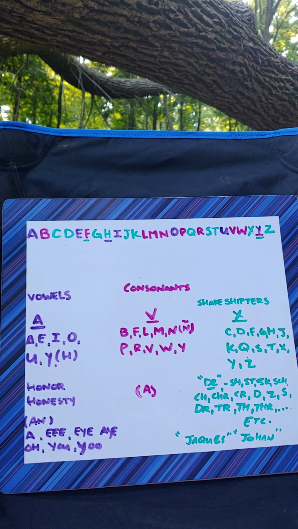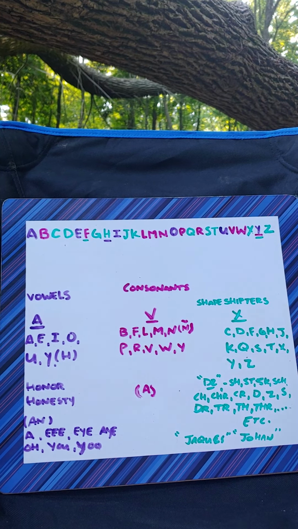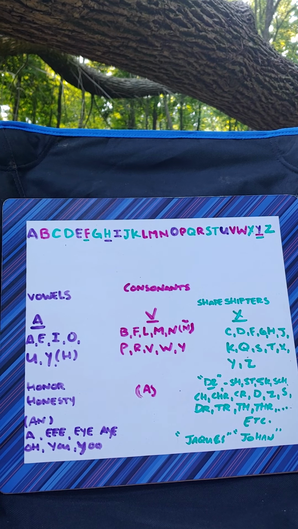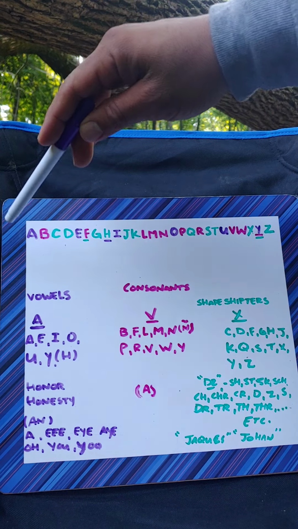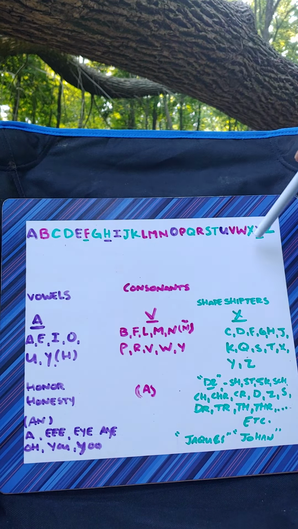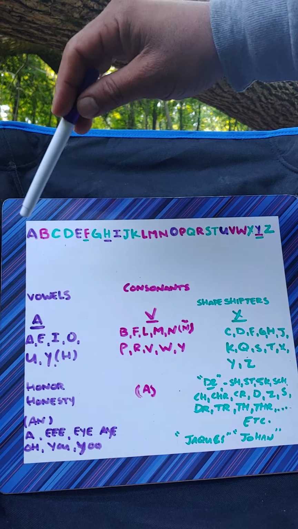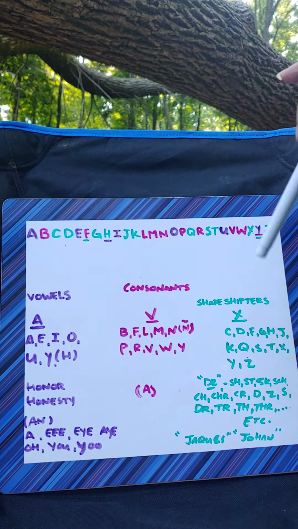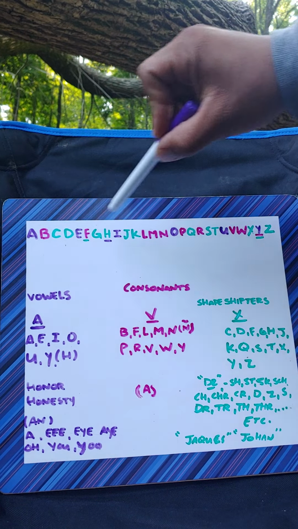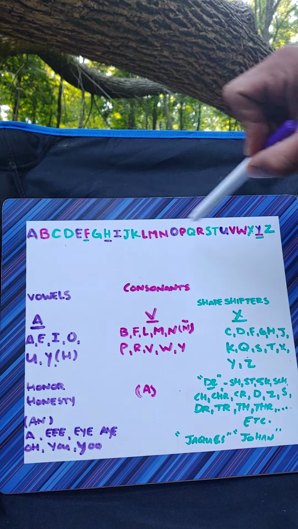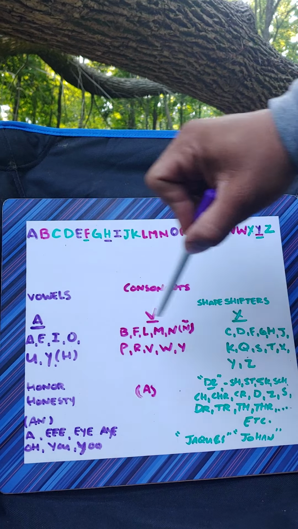So lately I've been talking about this code, right? I'm going to try to explain how I figured out that there was even a code. It was through letters. As you can see, I have the alphabet here, and it's broken down into different colors, and these colors go into different categories.